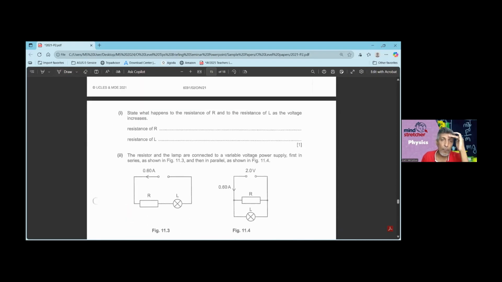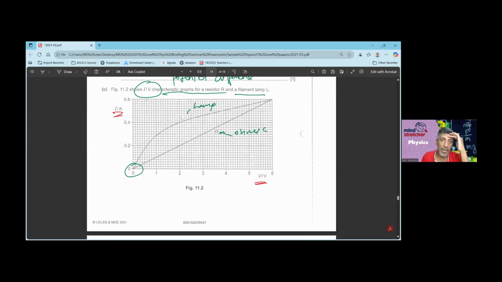They said, what happens to the resistance of R and resistance of L as voltage increases? R remains constant because it's ohmic. But look at L. The V increases more. R is V over I, right? When the V increases, the I increases, but not as much.